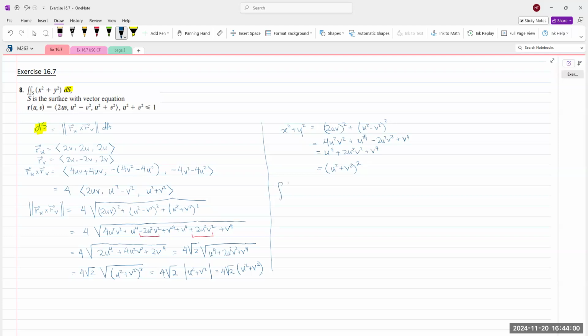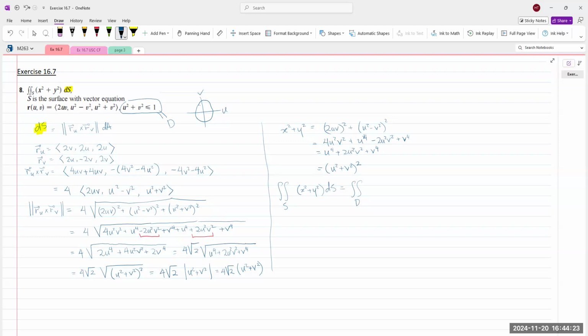So this will be the double integral over S of x squared plus y squared ds. Now it becomes the double integral over D. What is that D? That's the unit disk on the UV plane.